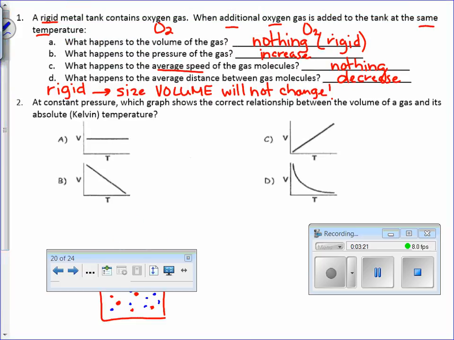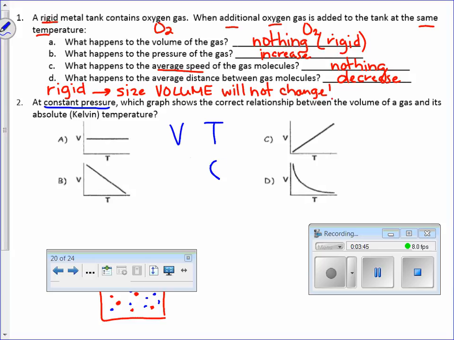All right, next question. At constant pressure, which graph shows the correct relationship between volume of the gas and its Kelvin temperature? So I want to know volume and temperature. If something is held constant, that means there's no change, so don't include it in your graph. So think back to the balloon example.